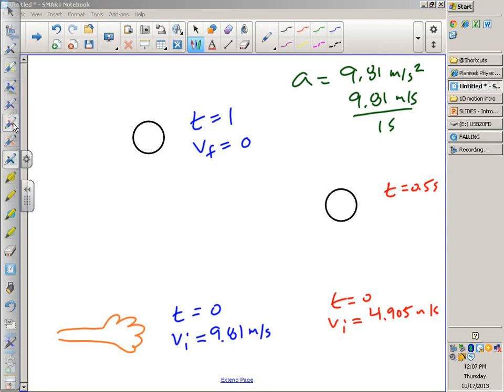But to get it to go from 4.905 to 0 is only half this much. So it's only going to take half the time.